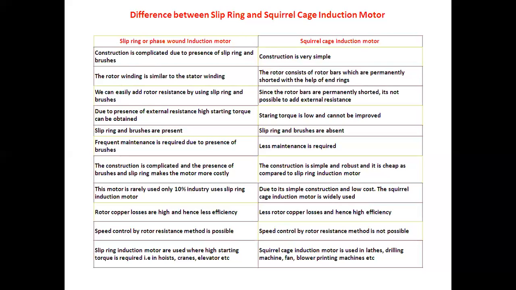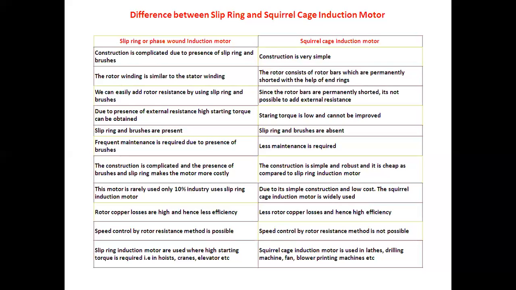Due to the simple construction and low cost, the squirrel cage induction motor is widely used in industry. The rotor copper losses are high and hence efficiency is less for the slip ring or phase wound induction motor. For the squirrel cage, there is less rotor copper loss and hence high efficiency.